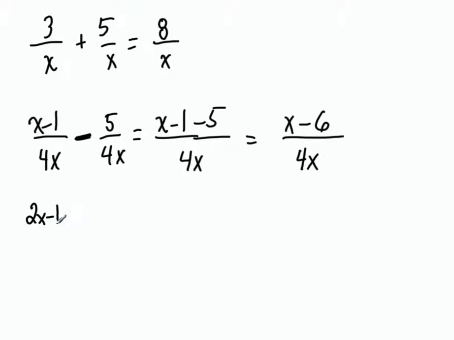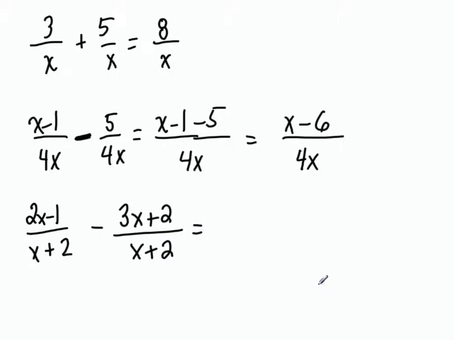If I have 2x minus 1 over x plus 2, minus 3x plus 2 over x plus 2. 2x minus 1 minus 3x plus 2.